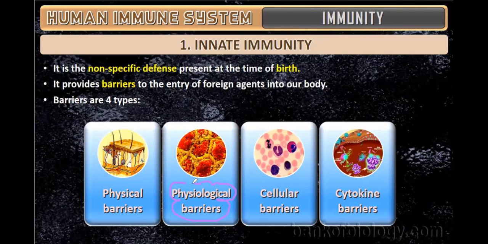Then there are cells that will eat them. Then there are cytokine barriers. So innate immunity has four different types of barrier. First is physical barrier, second physiological barrier, third cellular barrier, and fourth cytokine barriers.